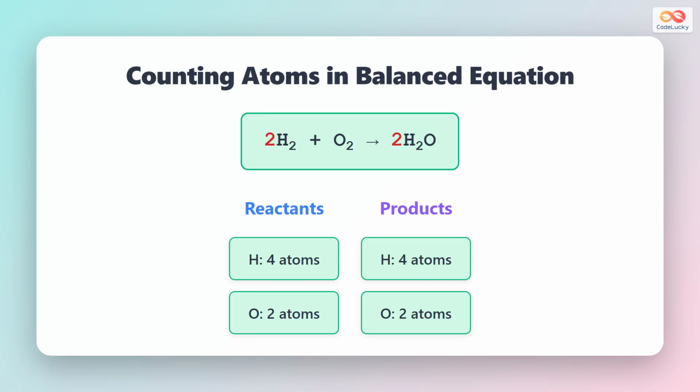The coefficient 2 in front of H2O means we have 2 molecules of water. Each water molecule contains 2 hydrogen atoms and 1 oxygen atom. So we have 2 times 2 equals 4 hydrogen atoms, and 2 times 1 equals 2 oxygen atoms. Perfect! 4 hydrogen atoms on each side, and 2 oxygen atoms on each side. The equation is balanced.